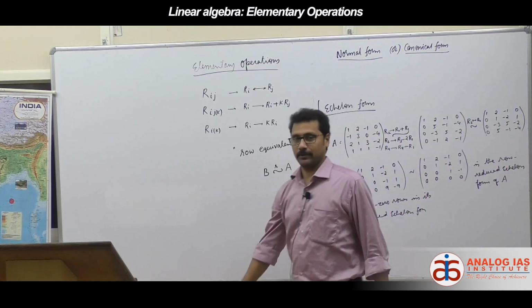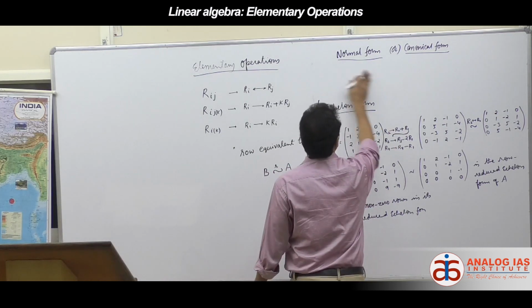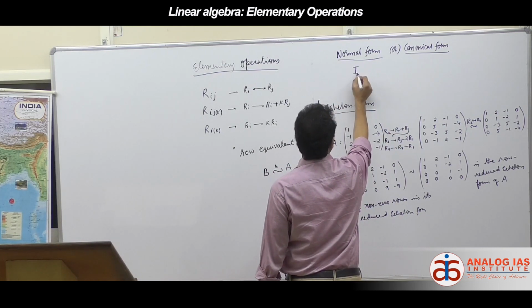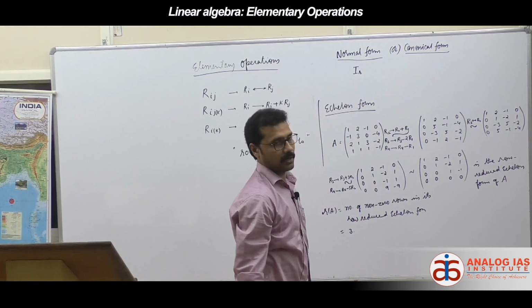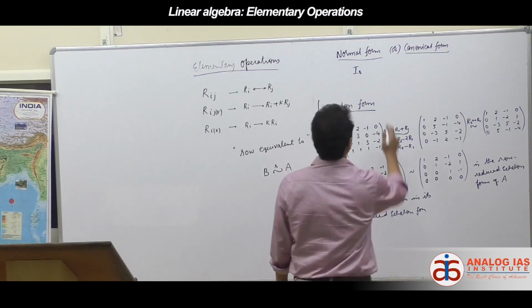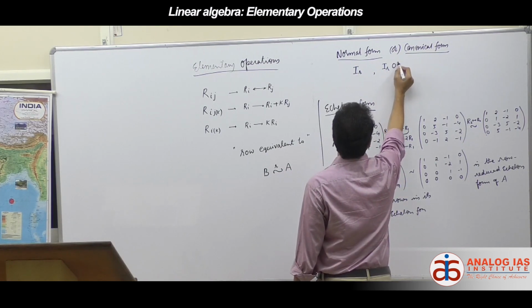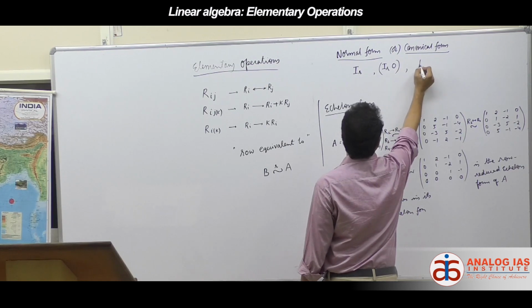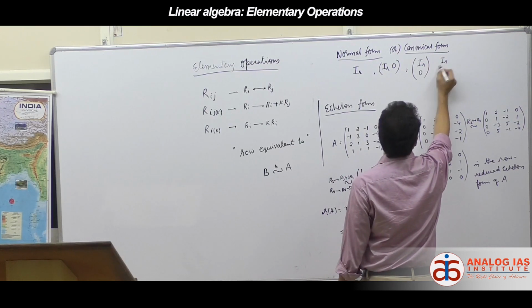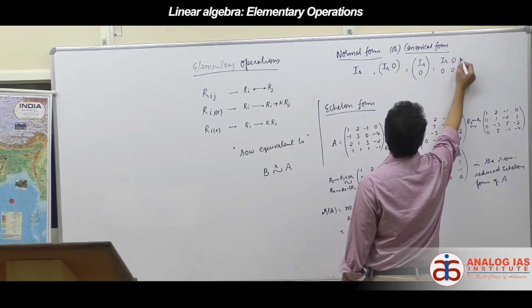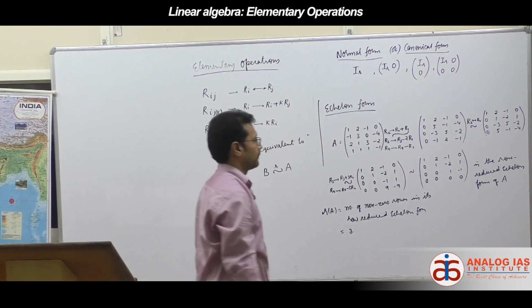What is this normal form or canonical form all about? Normal form can be just an identity matrix I_r of order r, or an identity matrix with zeros, called normal form. I'll give different examples.